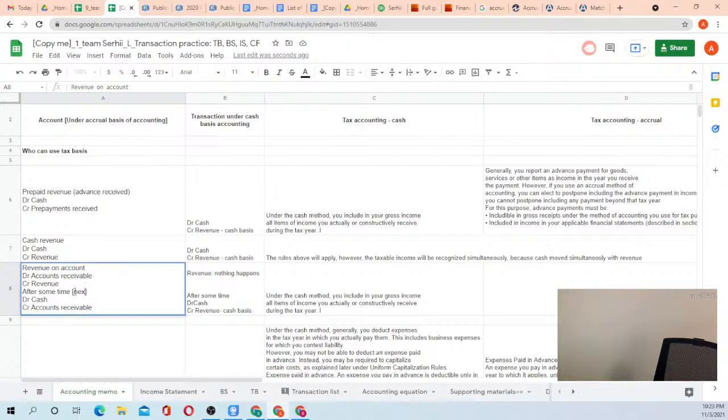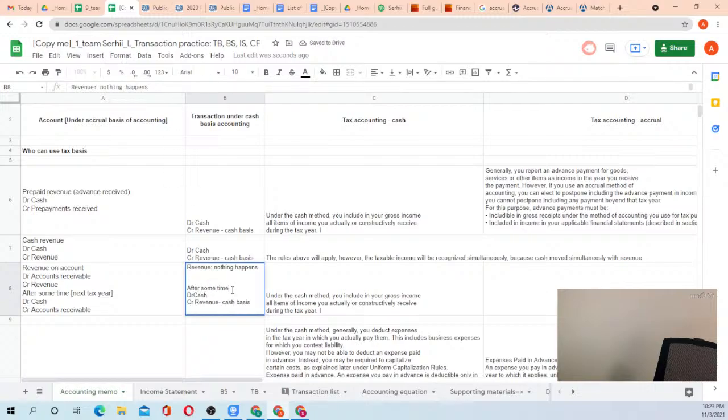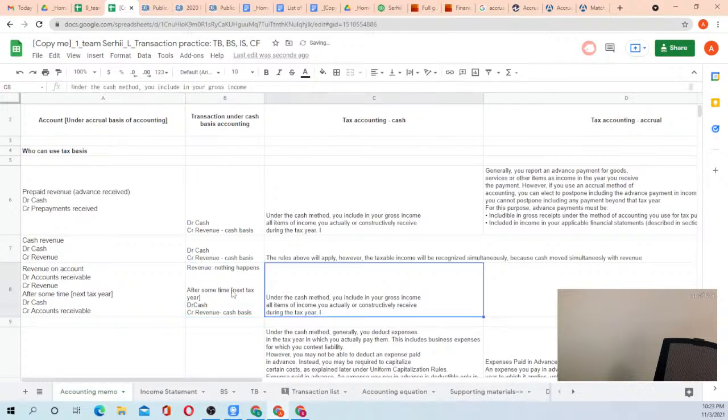Let's say we have next tax year here. And same here, next tax year. So under cash method, we will recognize tax income when we get cash.